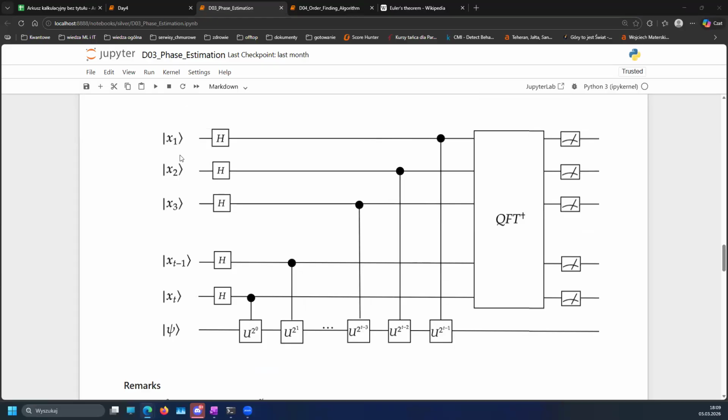And this error will become lower the more qubits we have. So, for example, if I have 1 or 2 qubits, I can land pretty distant from the true value. But if I have dozens of qubits, then I will be more accurate. And the true value will be unknown to me.